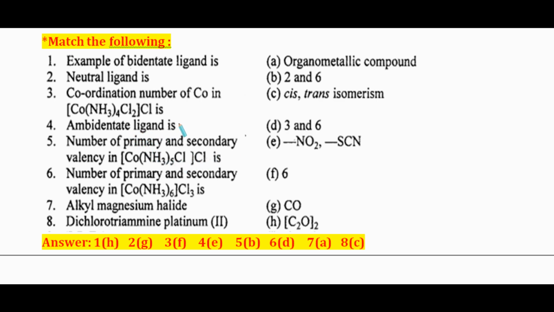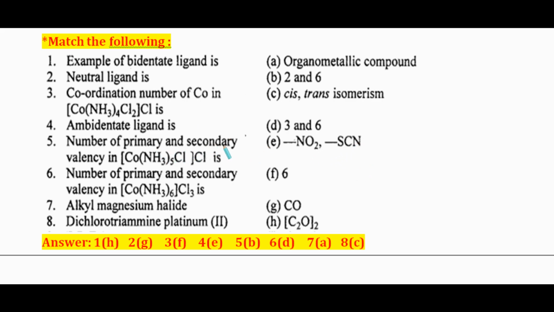An ambident ligand is one which can give both pair of electrons. Both atoms are capable of giving a lone pair of electrons. These are known as ambident ligands, for example NO2- and HCN.